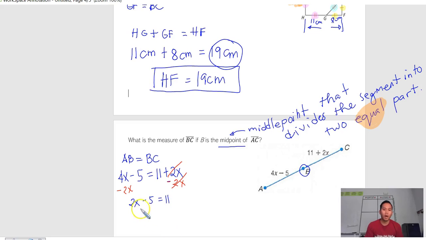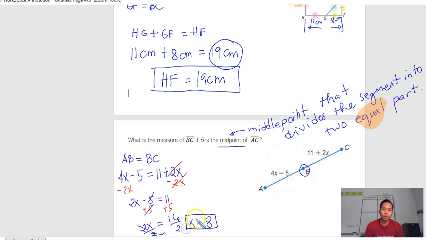And then I'm going to add 5 both sides, plus 5. Of course, this will be cancelled out. So I have 2x is equal to 16. Then divide 2 both sides. So I have x is equal to 8.